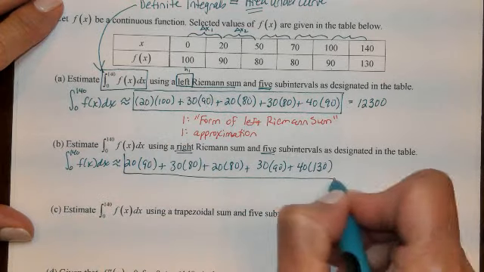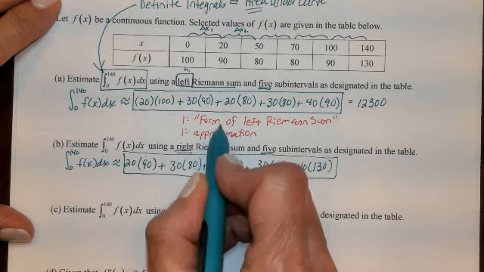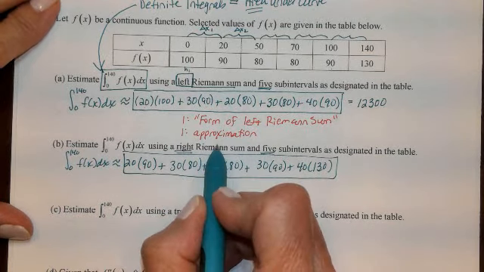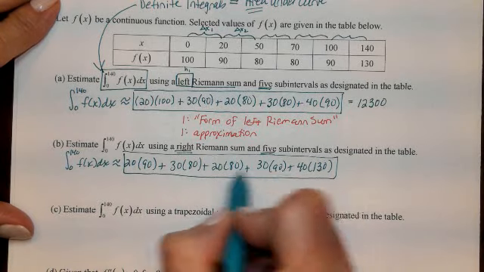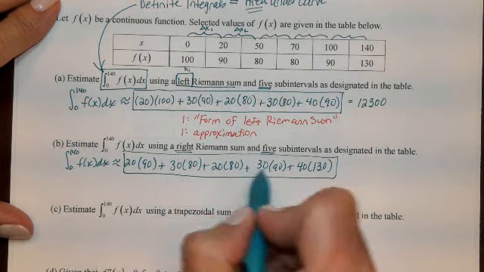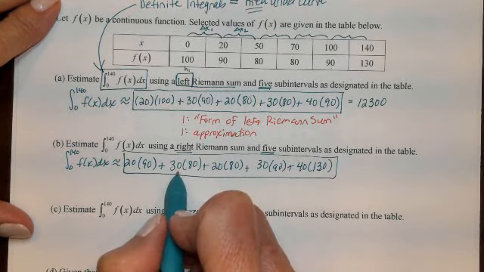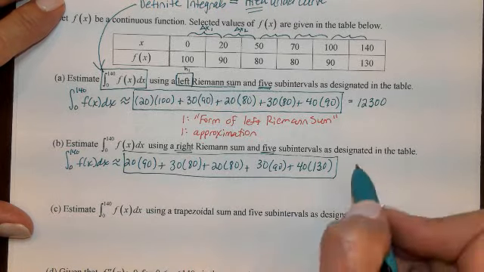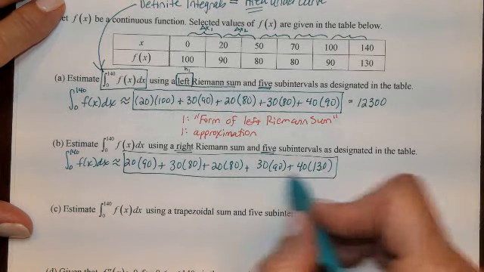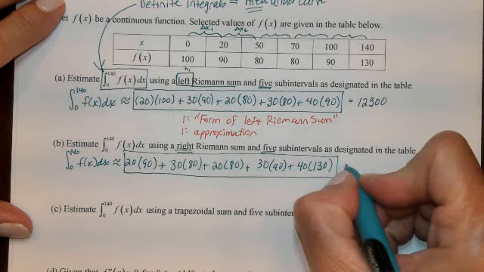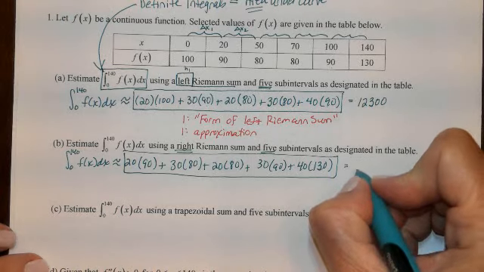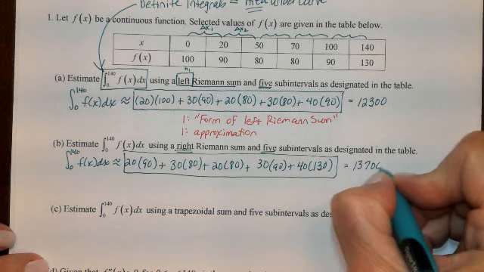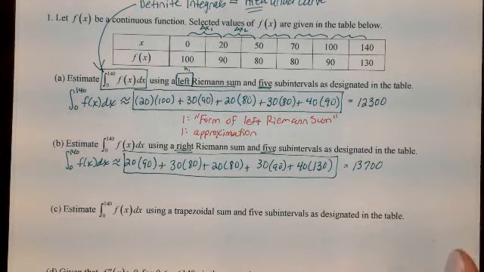This would get the point for the form, and it would get the point for the approximation because it's a safe spot. Okay? So only if it was multiple choice would you go and add that all together. And if you did do that, you would get 13,700. Okay?